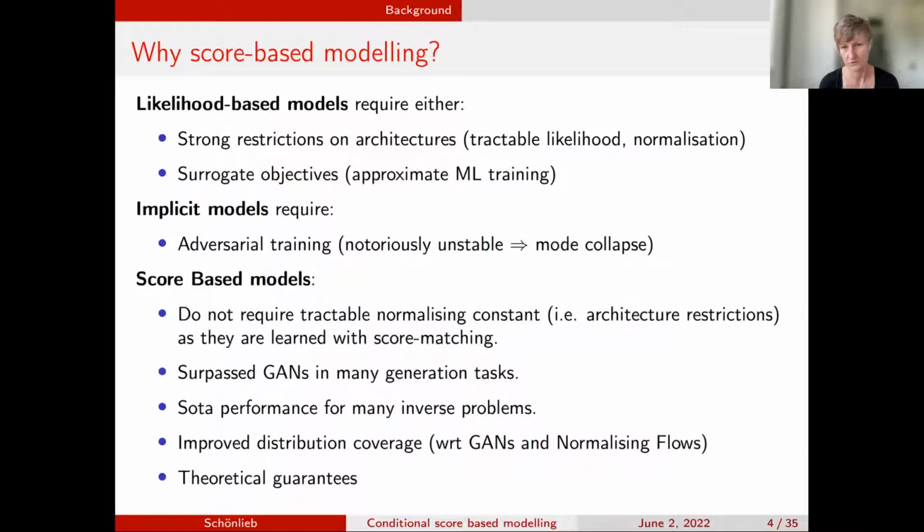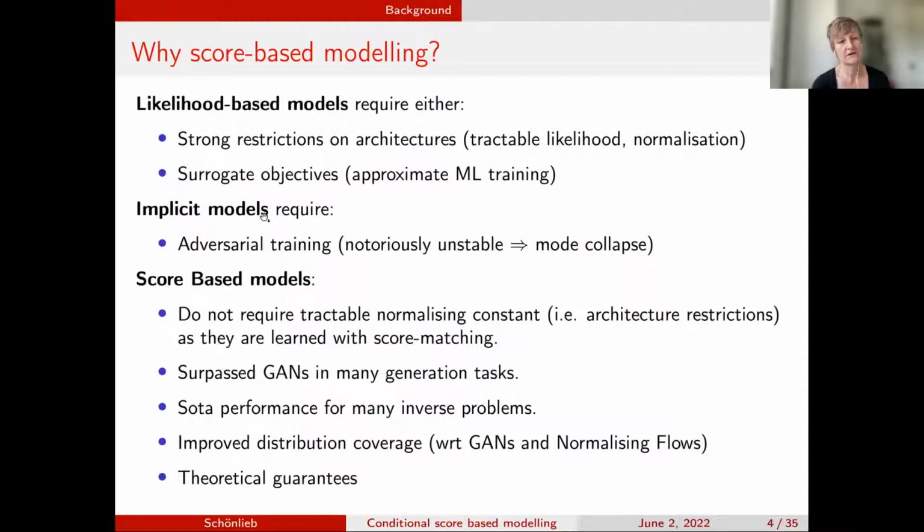So you need to do normalization. This is sometimes also going hand in hand with imposing invertibility of layers of the neural network and so on and so forth. So this is usually quite computationally tough to actually realize.